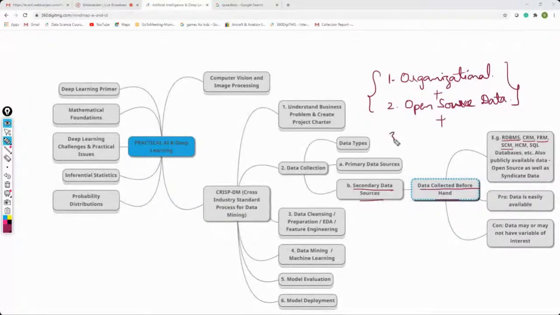Another thing that people also do is they go after syndicate data sources and take even that data. What do you mean by that? Let me explain.